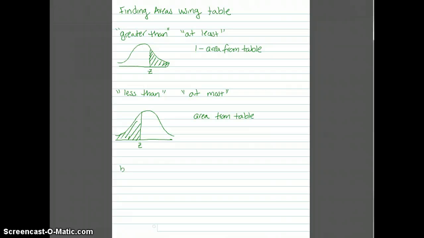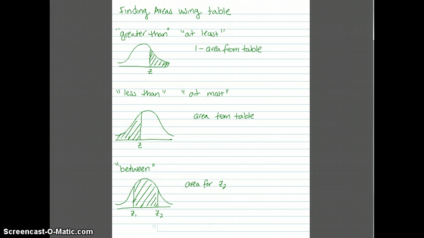Now sometimes we want to find the area between two z-scores. So in this picture, we would have two different z values. We would have to look up two things from the table. So I'm going to call my first one z1 and the second one z2. And I'm looking for the area between, so I'm shading in this section of the normal curve. Now once I find the two areas from the table, I'm going to subtract them.